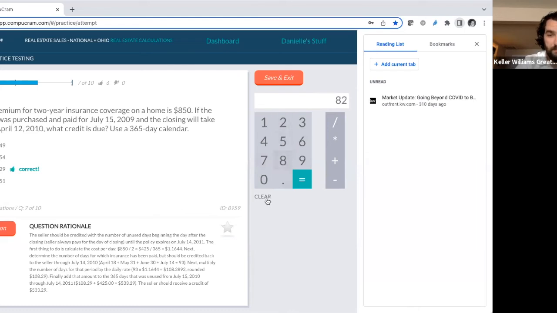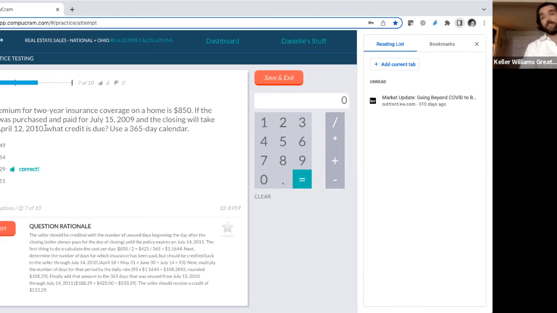So you've got 850 divided by 730 is $1.16 a day. Then you do the same: it should go from July 15th to July 2011. That's 730 days. But the credit is due for everything after, so I calculate from July 15th all the way to April 12th, and then I subtract those number of days from 730.